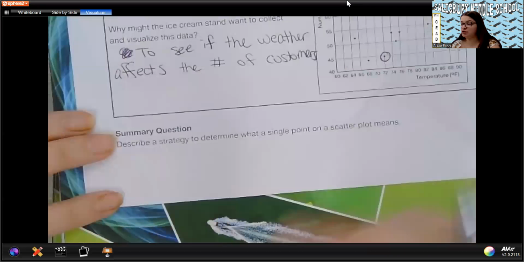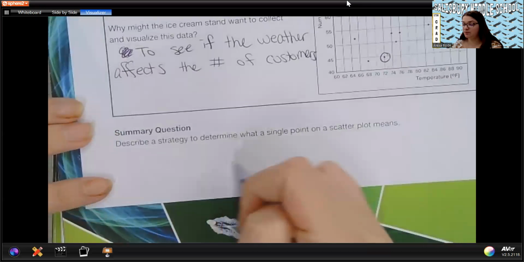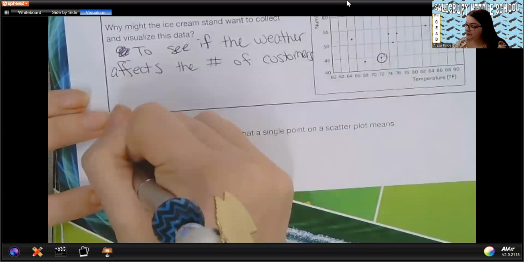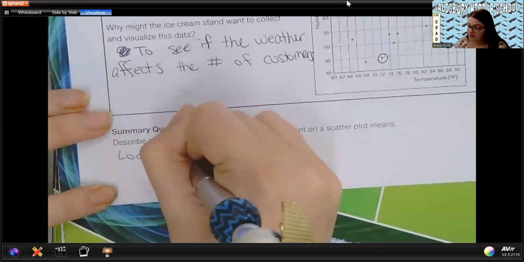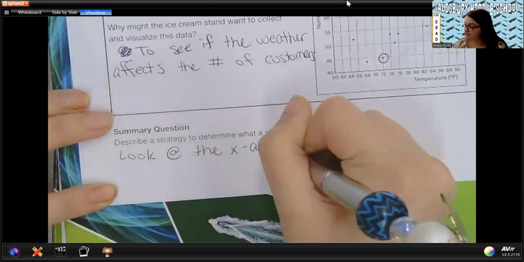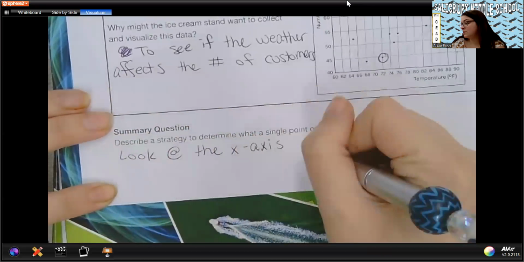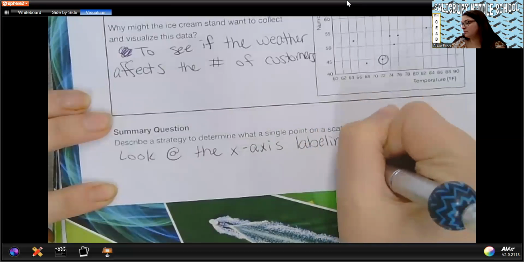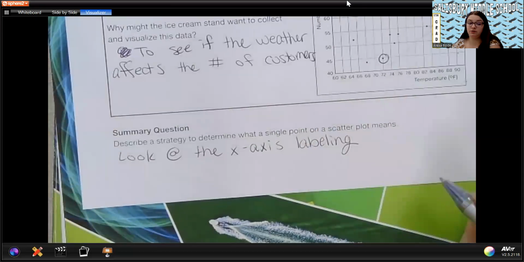So the best strategy to determine what a single point means is to look at the X-axis labeling. I apologize, my grammar is not correct here.